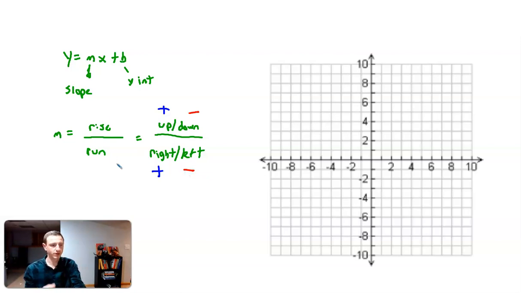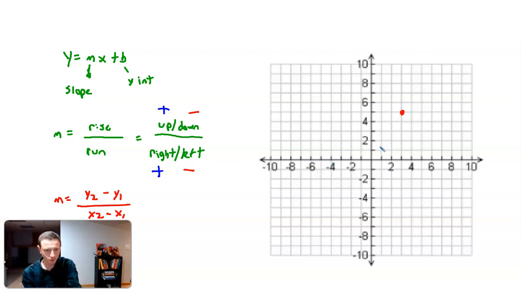So the slope is our rise over run, our up and down over our right to left movement. We do have a formula for slope: y2 minus y1 over x2 minus x1. You could piece that together from the fact that it's rise over run. y2 minus y1 tells us our distance in vertical change, and the run is the distance in horizontal change.